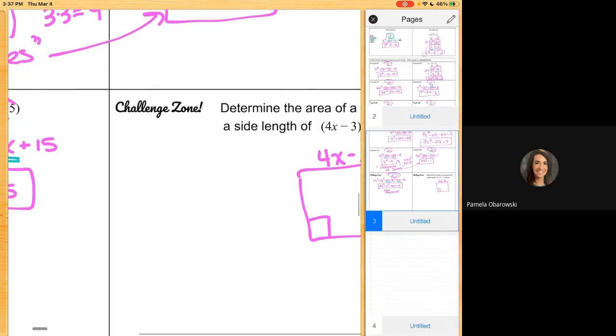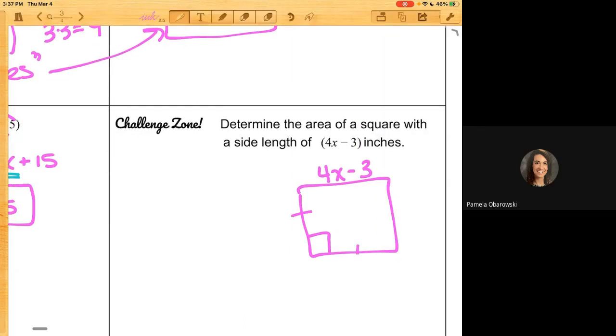And since it's a square, all 4 sides are equal. So all 4 sides are 4x minus 3. Now, if you think about it, area of a square is side squared. And we know how to do this because that's going to mean 4x minus 3 is squared.